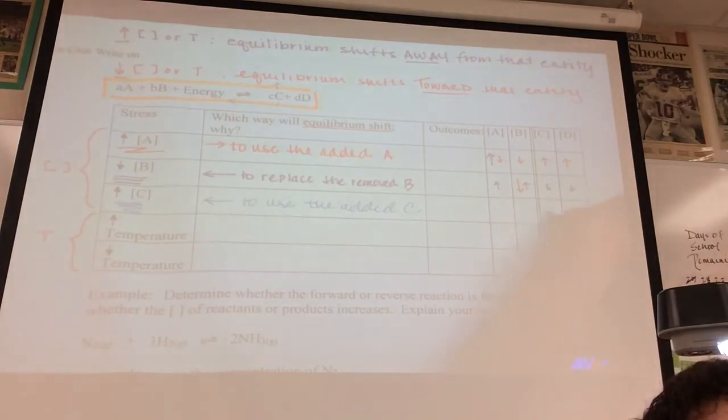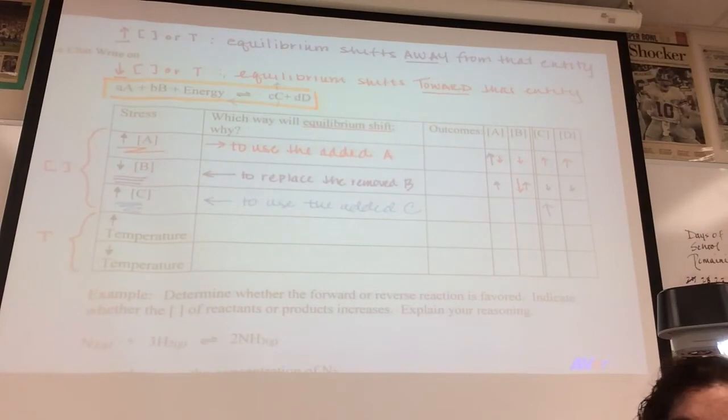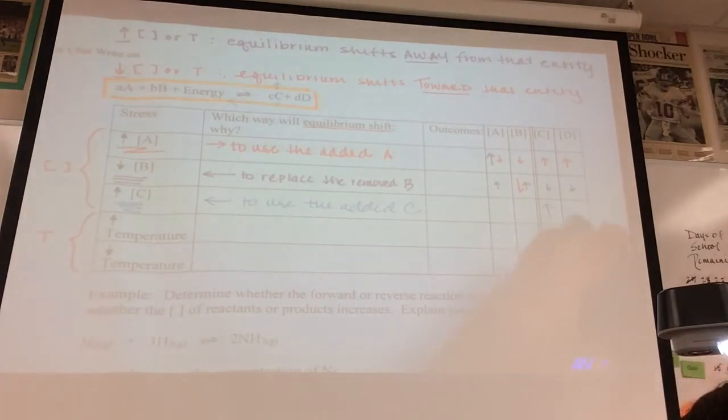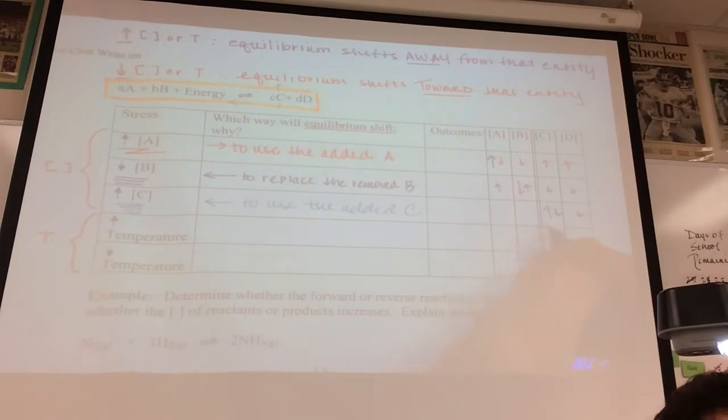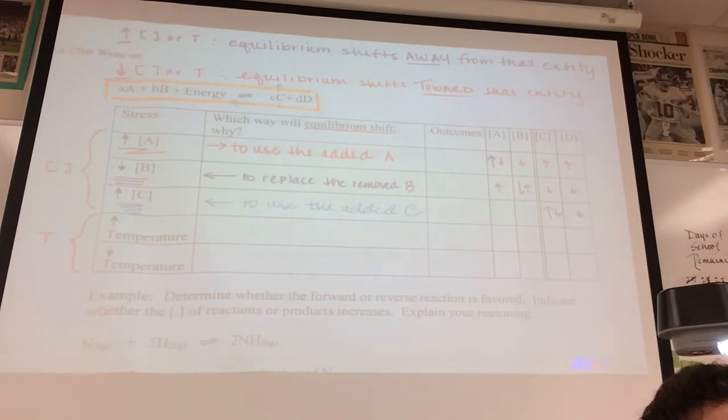So initially we increase C. With the reverse shift in equilibrium, what happens to the concentration of C and D? They're going to decrease. I'm going to stay with my color scheme in case you were doing it as well. I don't want that to be confusing.